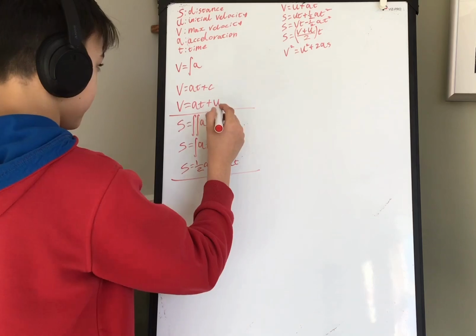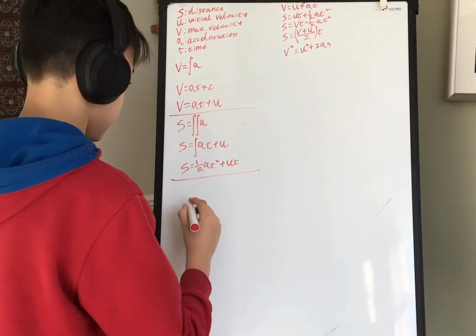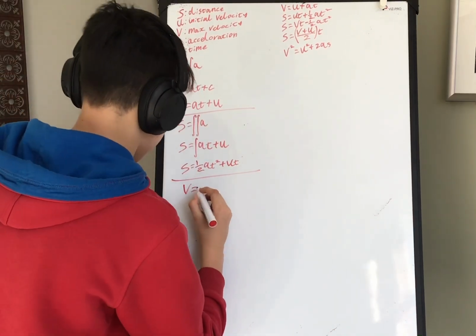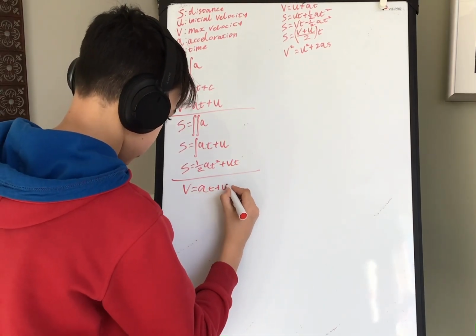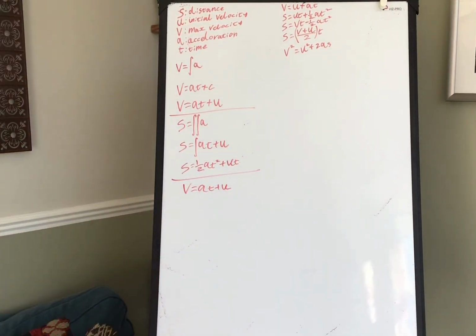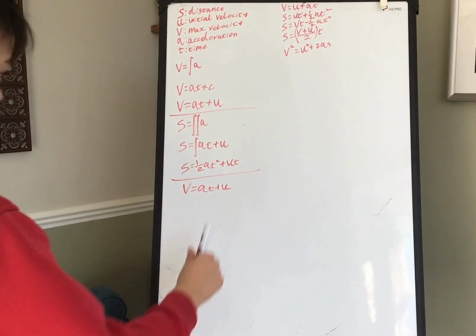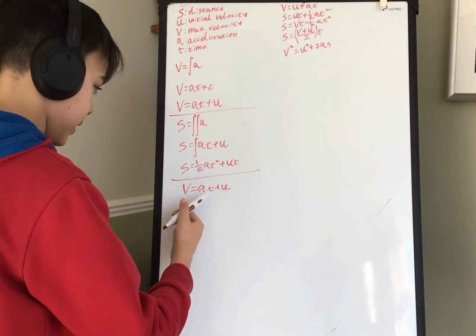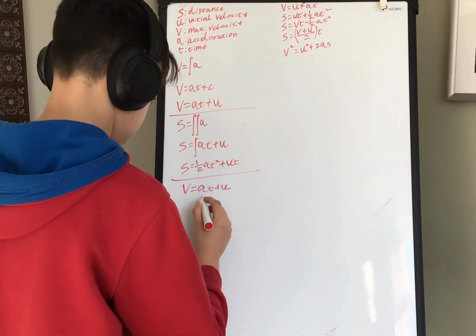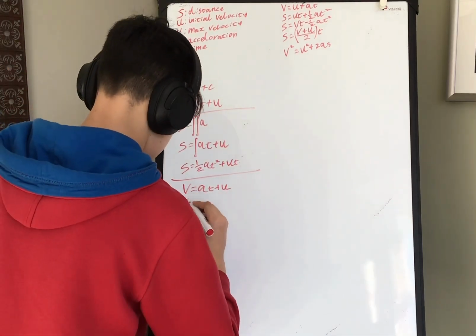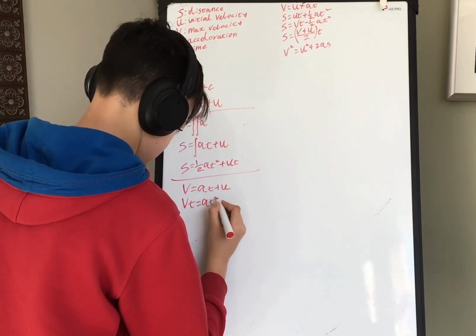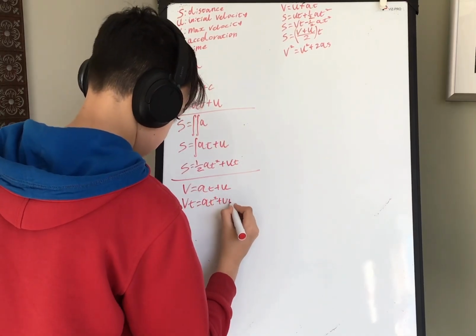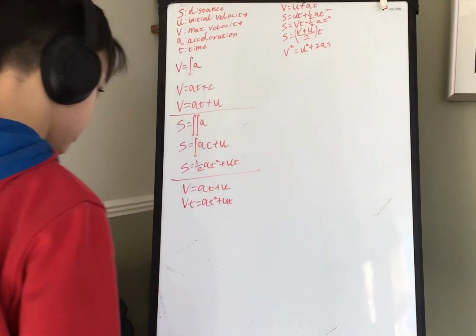So to do that, we have this equation here, V equals AT plus U. I want to write UT in terms of VT, so let's multiply both sides by T. On this side we have VT equals AT squared plus UT, just like that.